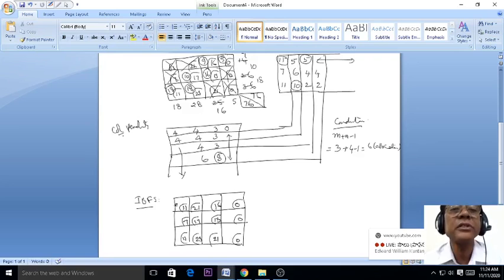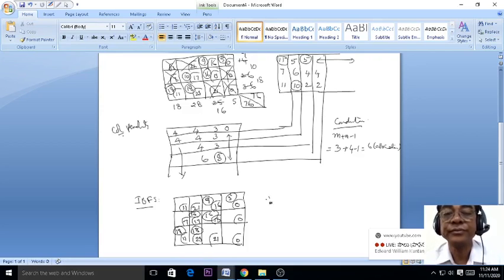So what are the allocations here? Here is a 9, here is a 5. In the second row, 17, 10, 16, 18, here is 18. 1, 2, 3, 4, 5, 6.